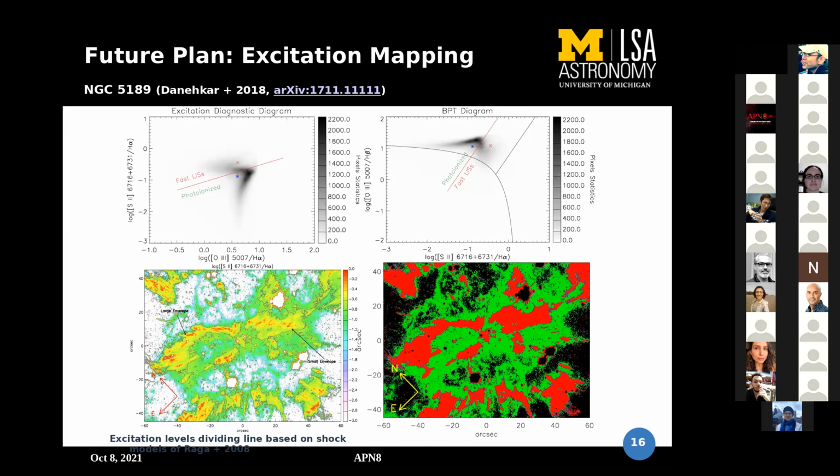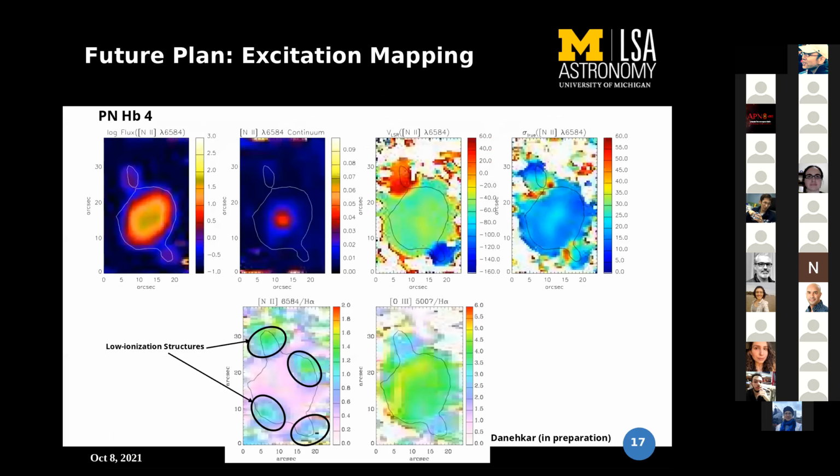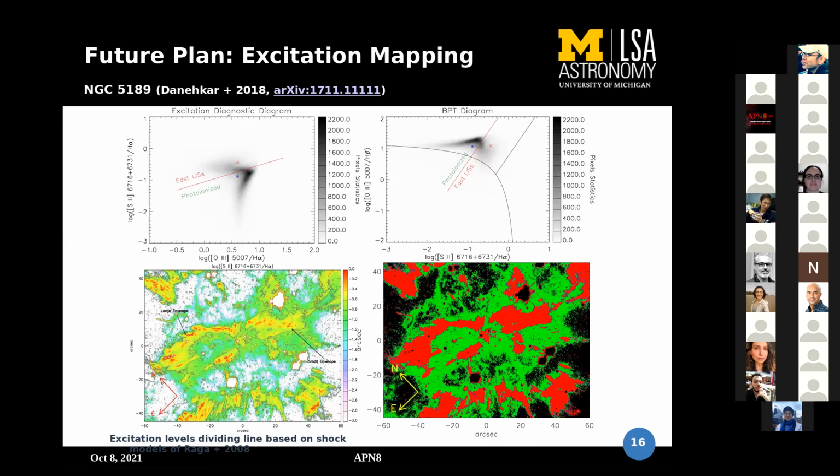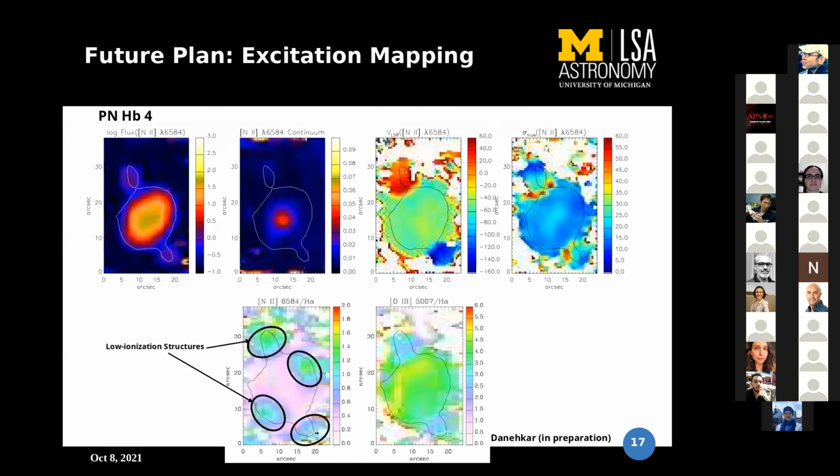Here you see, by using this technique, we distinguish the region, a large envelope which has low ionization. Similarly, we can use this BPT diagram technique, which I am right now working on in other papers, to distinguish regions with low ionization.